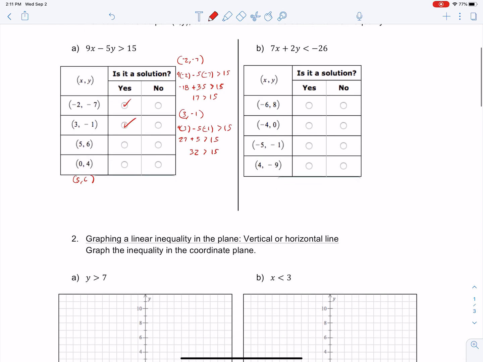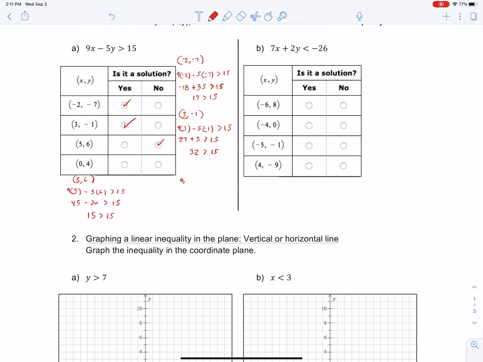Let's do 9 times 5 minus 5 times 6 is greater than 15. You get 45 minus 30 is greater than 15. Is 15 greater than 15? No, it is not. Now, if this had a greater than or equal to sign, then this solution would be true. But since it is only greater than, this solution is not true.